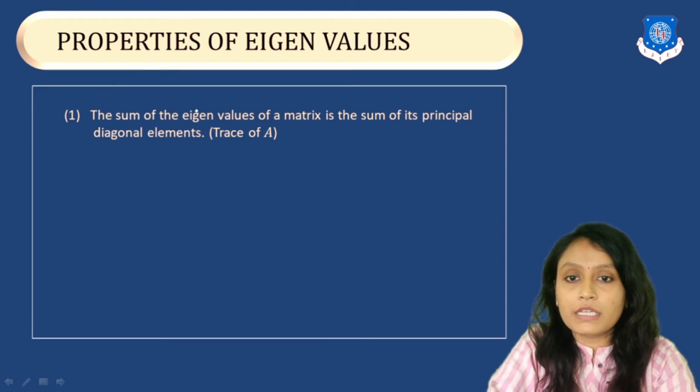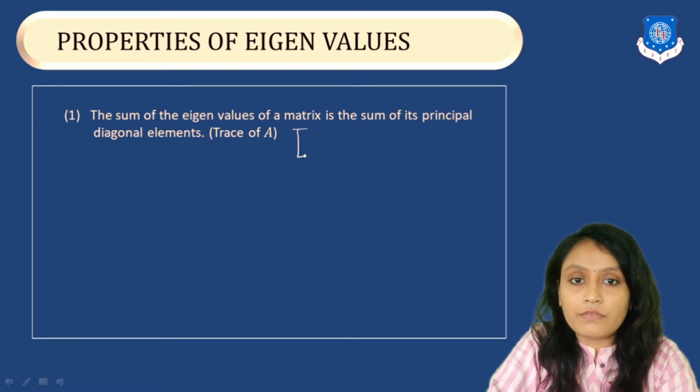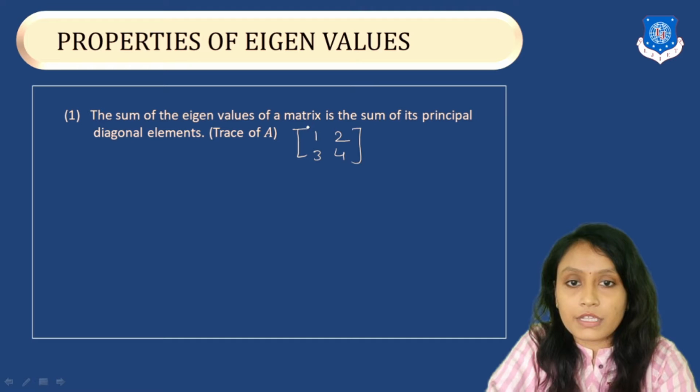The first property is that the sum of eigenvalues of a matrix is the sum of its principal diagonal elements, that is the trace of A. Let's study using one example. Suppose here we have 1, 2, 3 and 4. This is a matrix, and suppose the eigenvalues are 1 and 4.